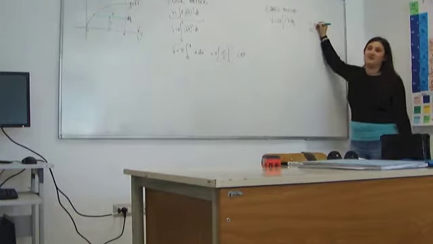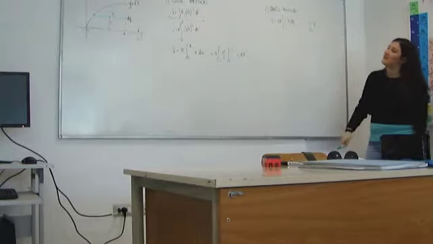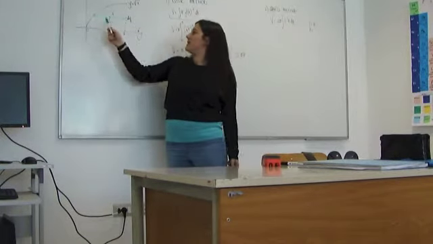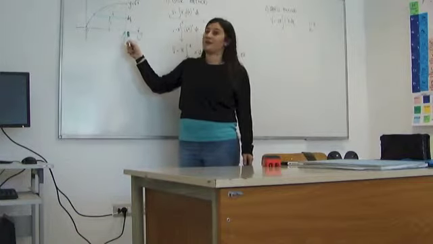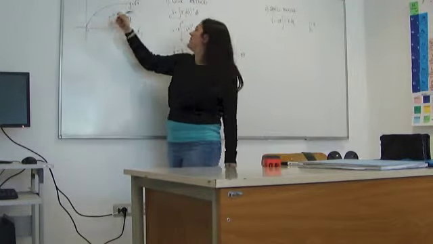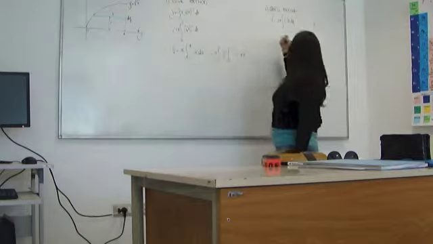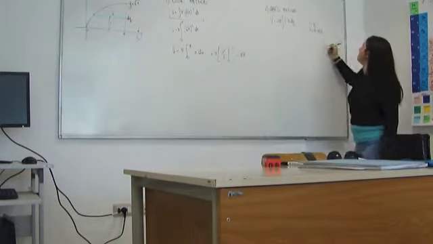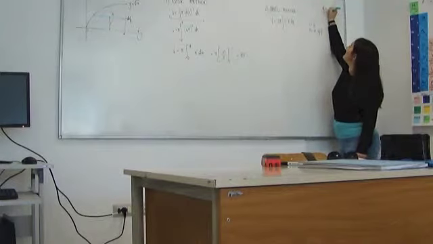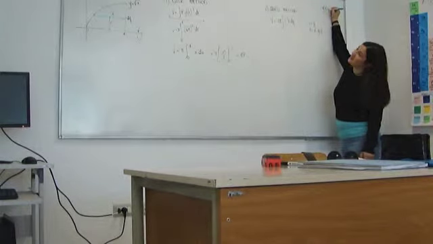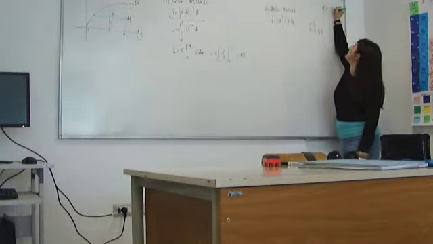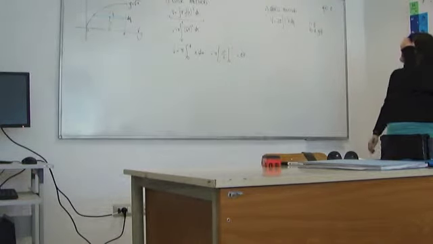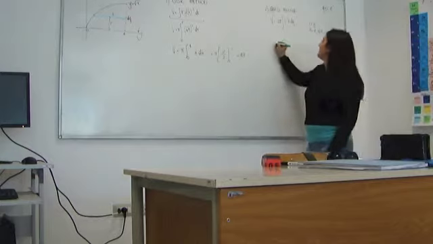The radius is y, and this distance is 4 minus g of y. And in our case, g of y is y squared.